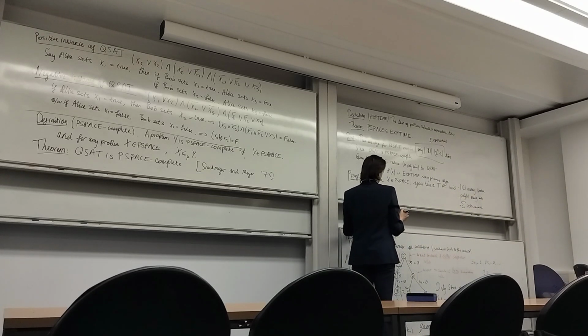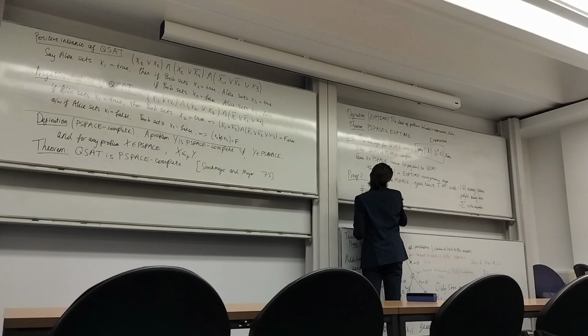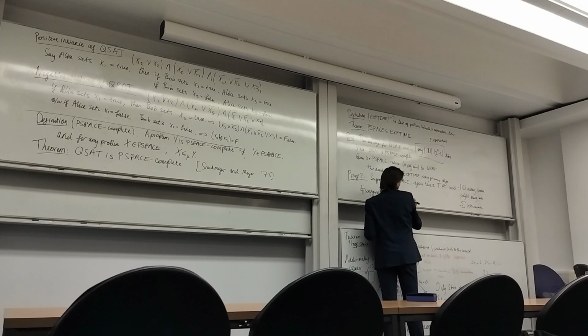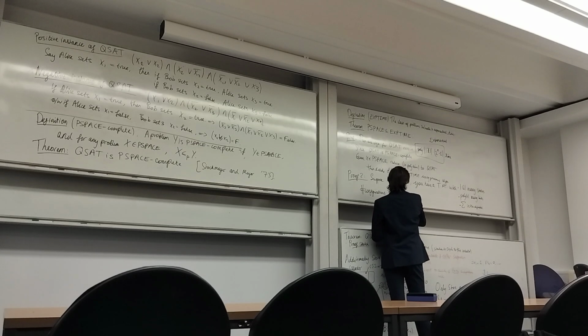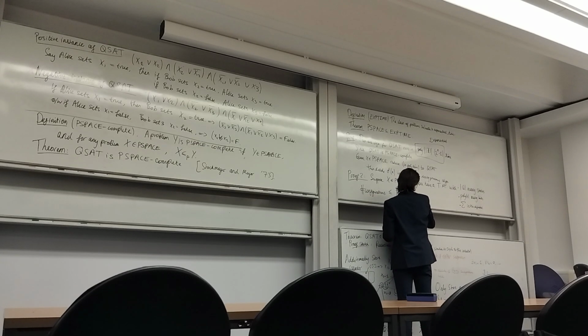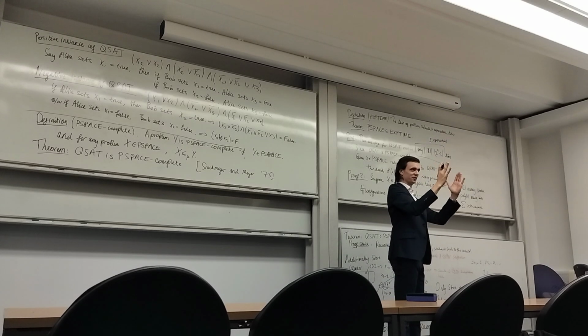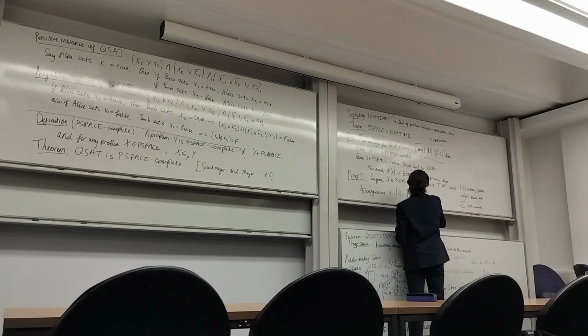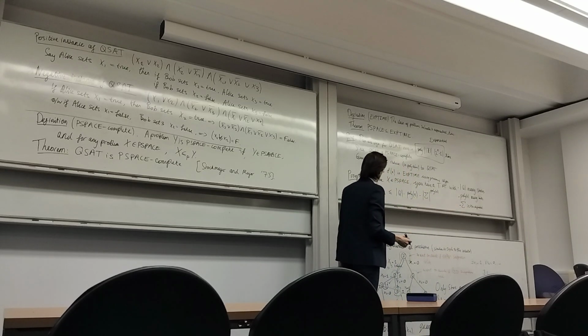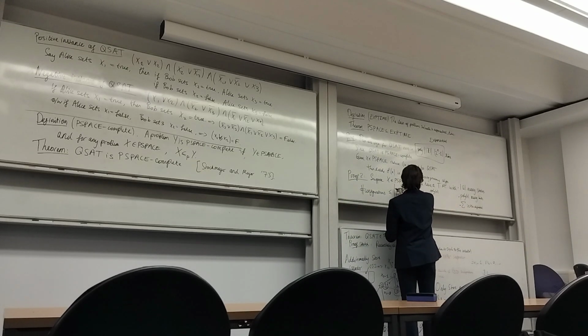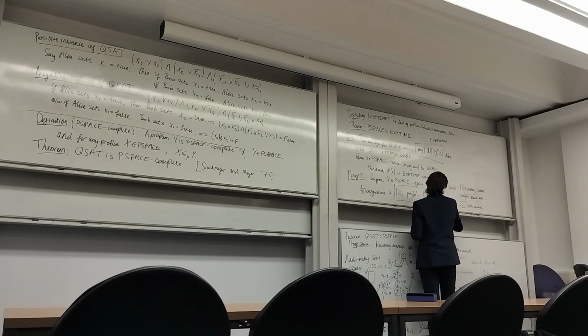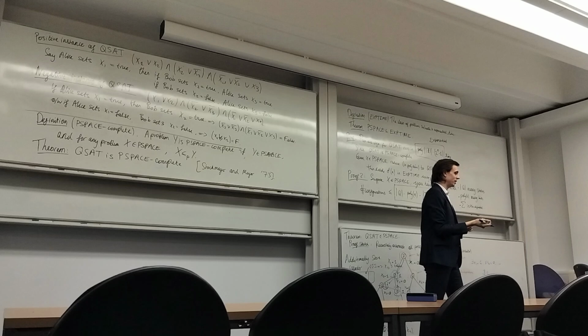Then the number of configurations is bounded above by, well, you can have a certain control state, you can have a certain head position, and then you can have on every cell one of size of sigma many letters, and there are polynomially many cells. It's ugly, but this is an exponential. So there are exponentially many configurations.